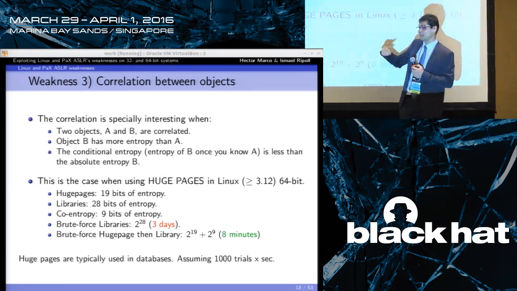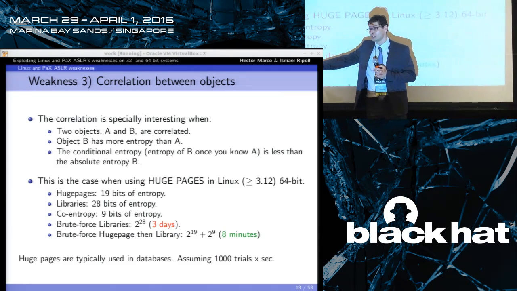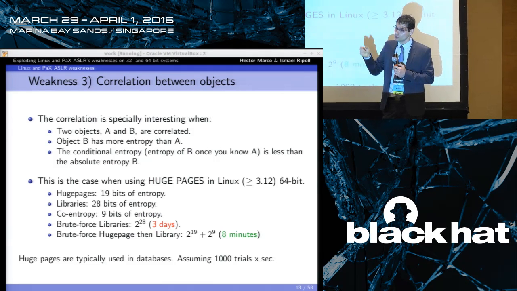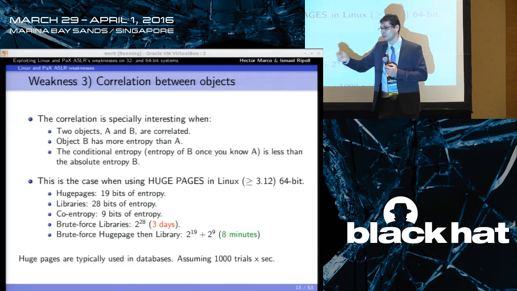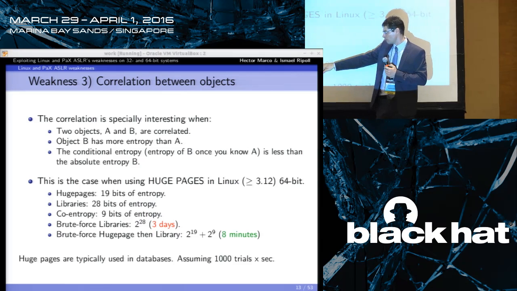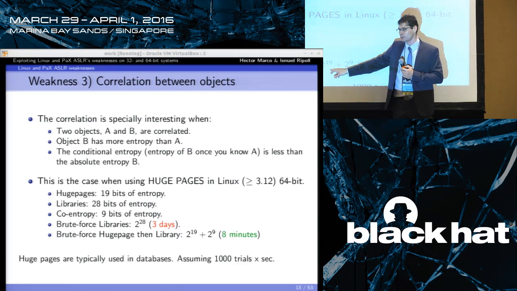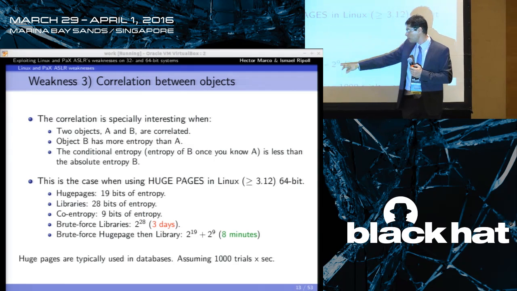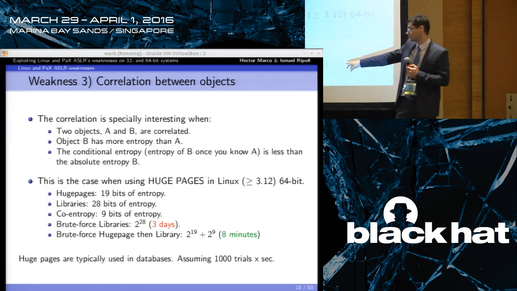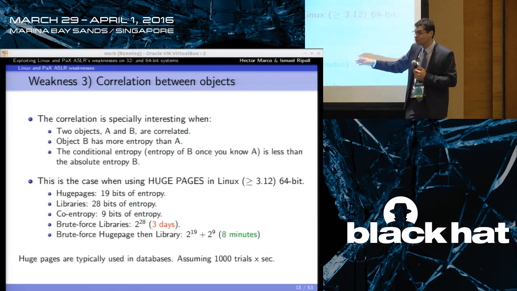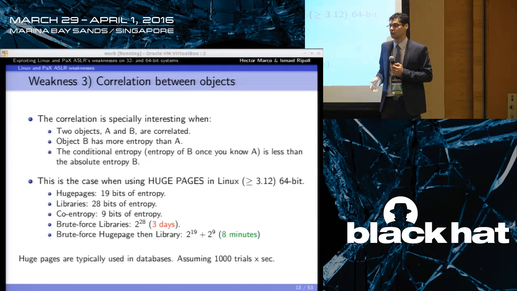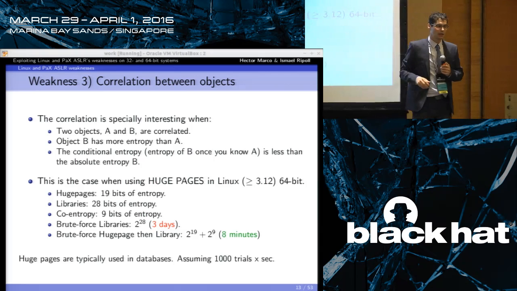But if I brute force huge pages first, if I can, and then, knowing where the huge pages on that system are located, try to guess where the libraries are, the attack consists of brute forcing 2 to the power of 19 plus 2 to the power of 9, which results in 8 minutes. So splitting the attack in 2 steps makes it a lot faster.